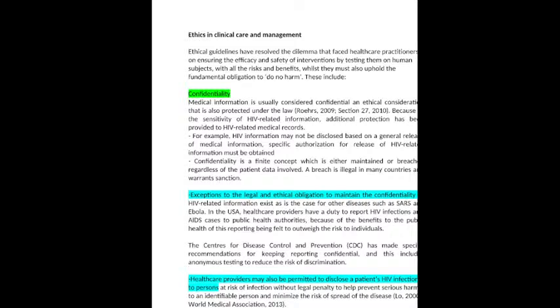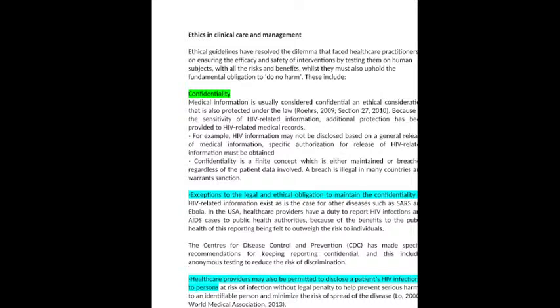Now, I want us to look at ethics in clinical care and management of HIV and AIDS. We have just looked at the basics. The first part was just general principles. What really does a care provider need to consider when interacting with a person with HIV and AIDS?